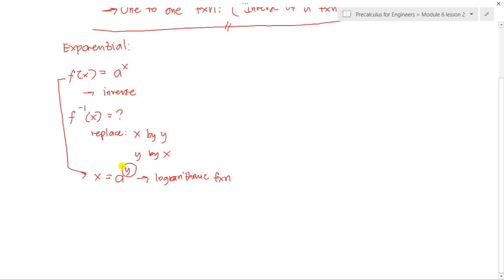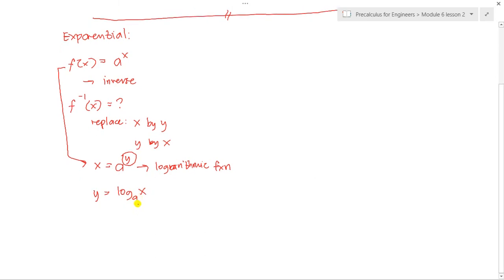Since our dependent variable is now the exponent, it is now in a logarithmic form. So we can say that y is equal to the log of the number, which here is x, with the base of a.